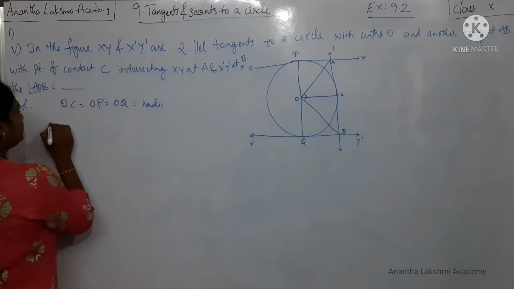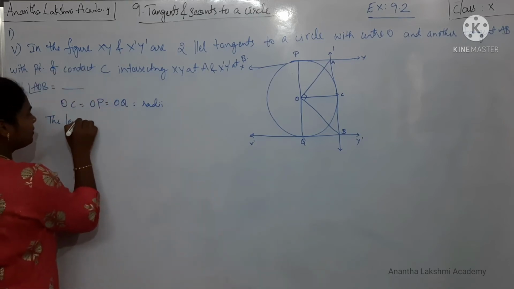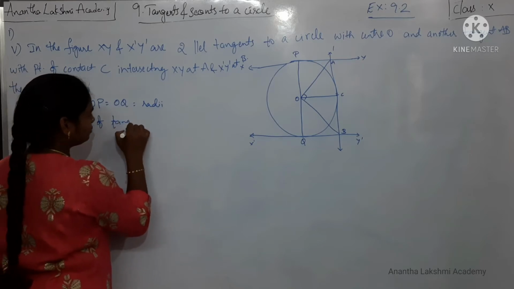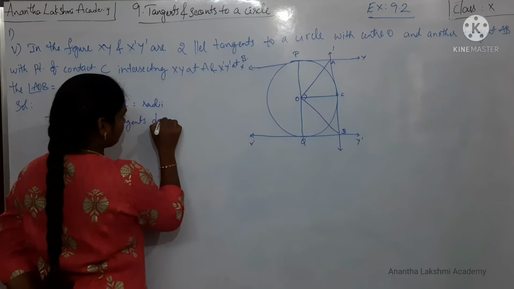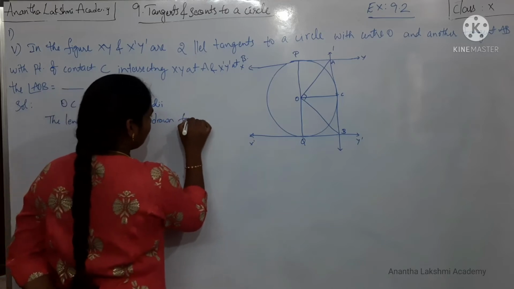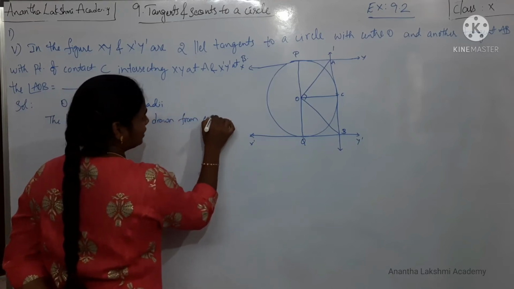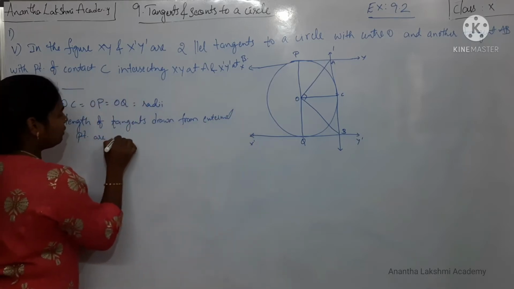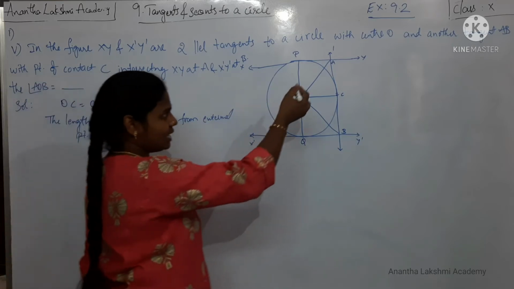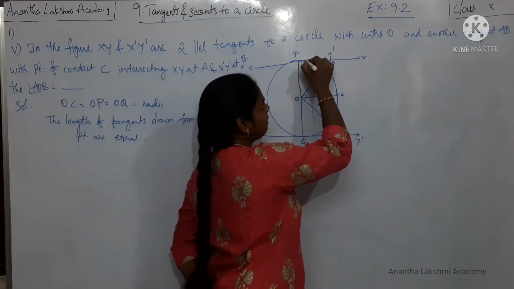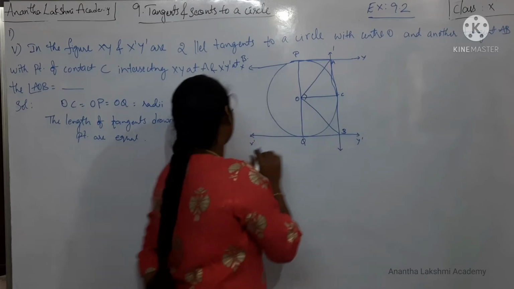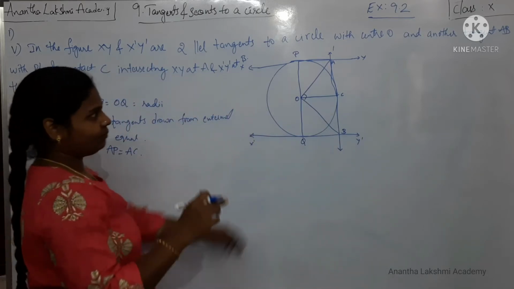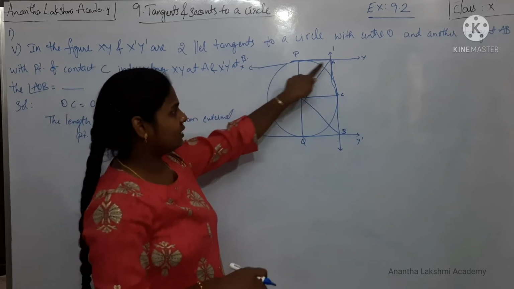And we also know that the lengths of the tangents drawn from an external point are equal. Meaning, if I consider A as the external point, AP is equal to AC, isn't it? AP is equal to AC, point number 1.